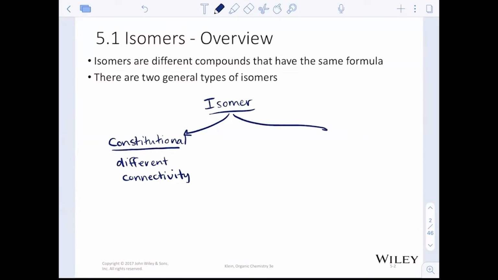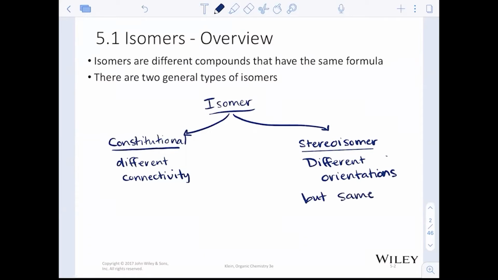The other type of isomer that we're going to see in this section is a stereoisomer. Now, a stereoisomer is the same molecular formula, the same connectivity, just different spatial arrangements of atoms. I'm going to call that different orientations. I'm definitely going to make sure we think about this in terms of the same connectivity, though.